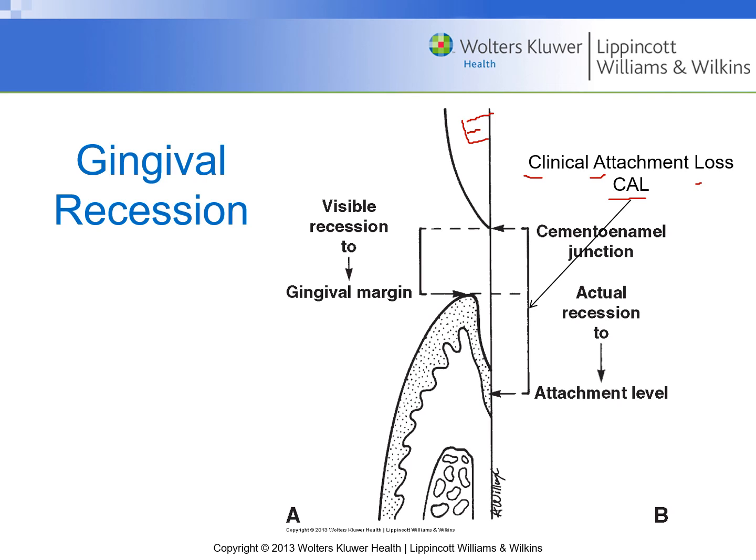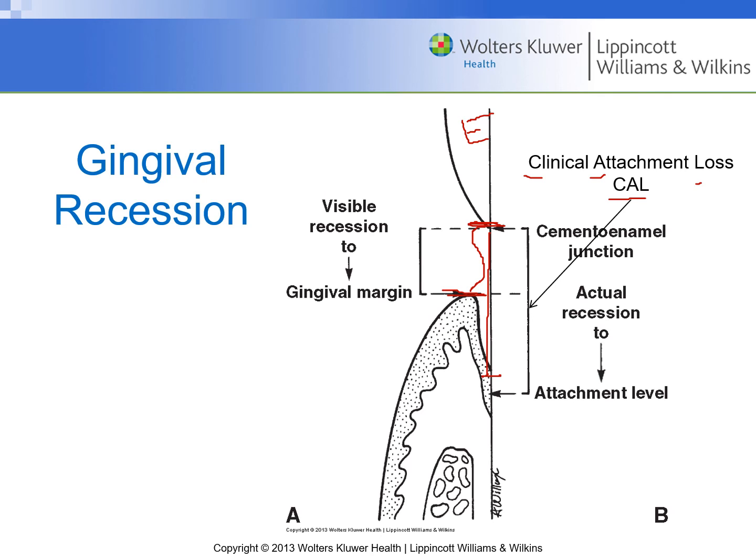All these fibers that were holding it up here have been destroyed by microorganisms, etc. And so all of this is visible to the gingival margin, which would be right up here. So all of this is visible. And then they also have this pocket down here.